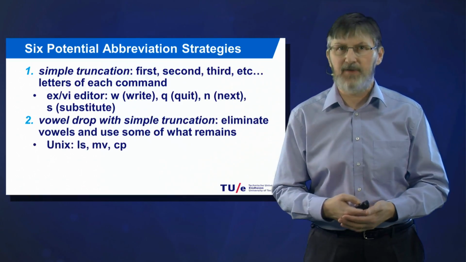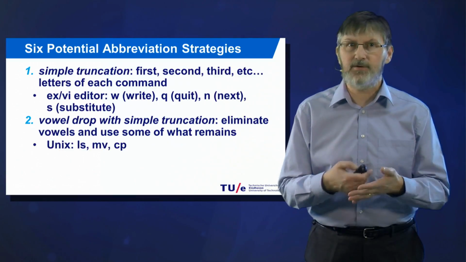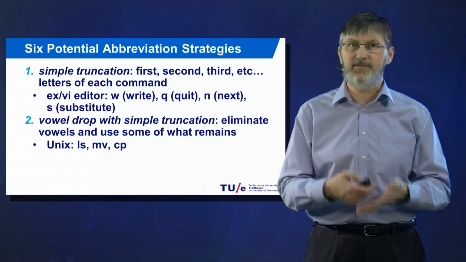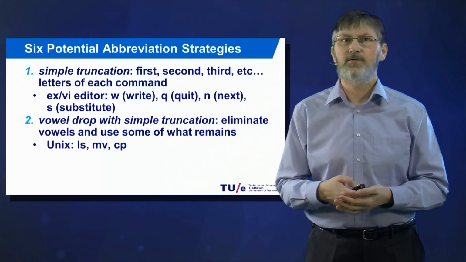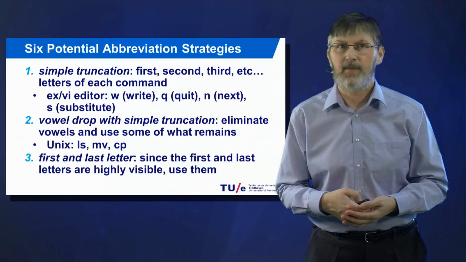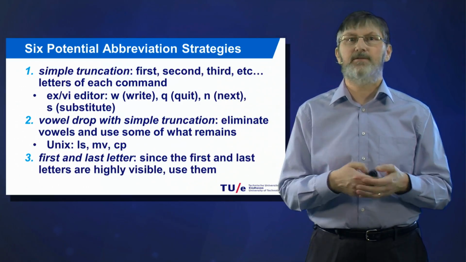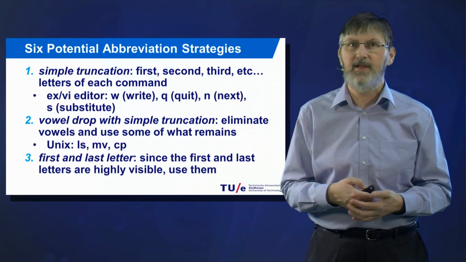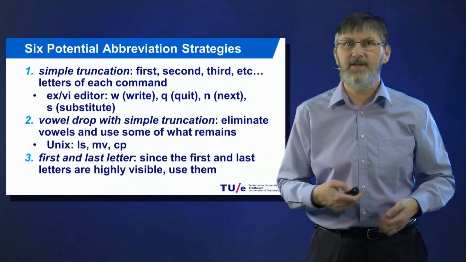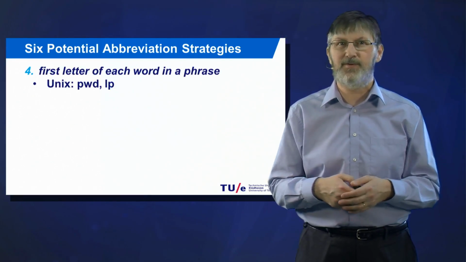We can have vowel drop, where we see the consonants of the words like list, move, and copy, but only the first 2 consonants are kept. Sometimes we can use the first and the last letter of a word, since they are often highly visible and people can make sense even out of whole sentences when all the words are reduced to the first and the last letter.